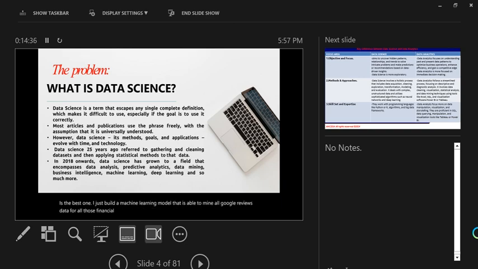Then I compare the ratings based on what customers are saying. Then I'm able to make a decision, because that is publicly available data that you can access as long as you have a Google Cloud account and so on.